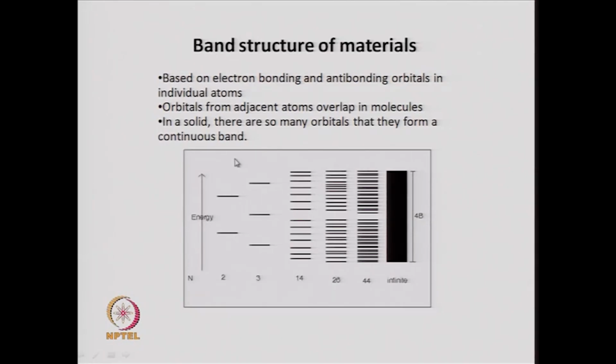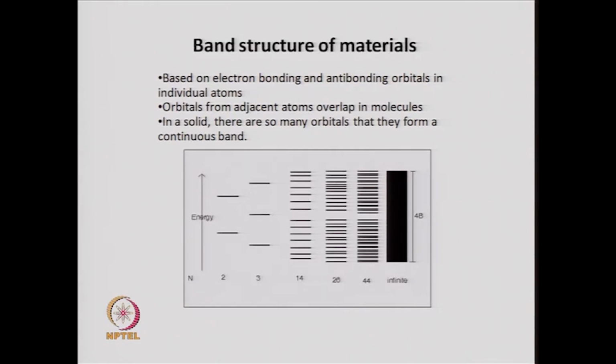Now, if you have a cluster of 20 atoms, then you will have 20 orbitals overlapping, and the distance between the orbital energies becomes smaller and smaller. As you see, with the increase in the number of atoms, the difference between the two energy levels is becoming smaller and smaller, till we reach a stage when we have so many atoms that we call it an infinite solid.